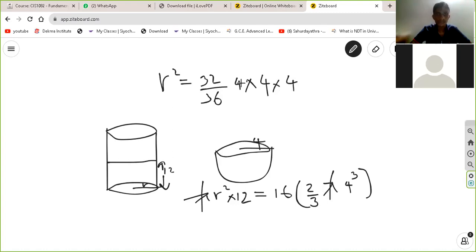Then we can simplify this one. 32 over 36 means 8 over 9.